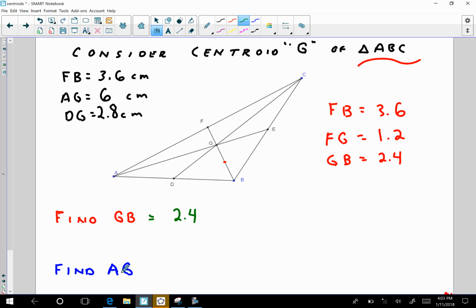The second question is, what is AG? That's easy to find because they've given me AG. AG is equal to 6 centimeters. If AG is 6, let's find the rest of the lengths of parts of this median that we're going to call AE.